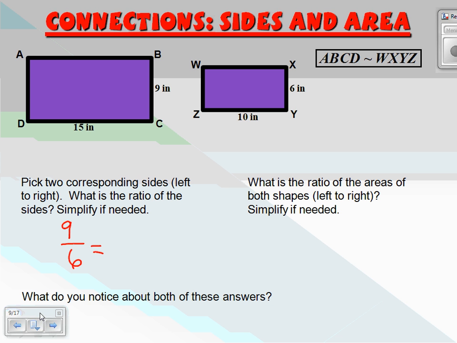What should I do? Simplify it. What's the ratio of those two sides if I simplify it? Well, I know 3 goes into both of them. 9 divided by 3 is 3. 6 divided by 3 is 2. Okay.